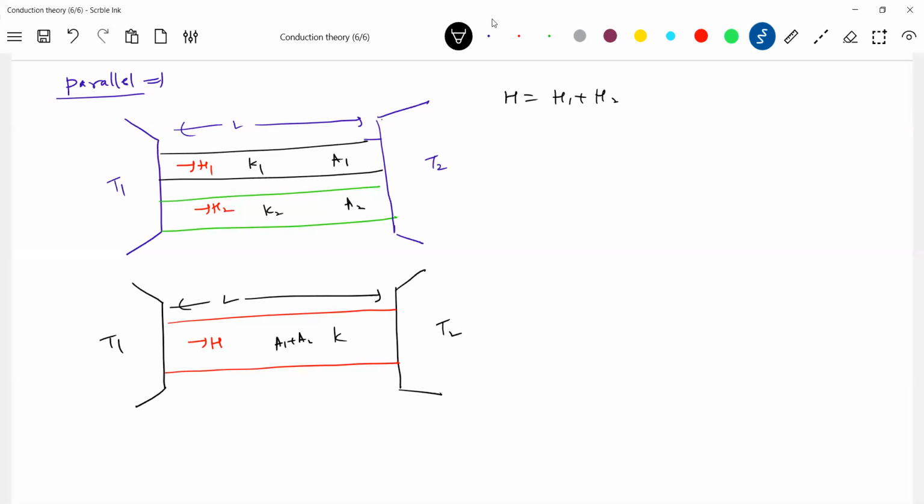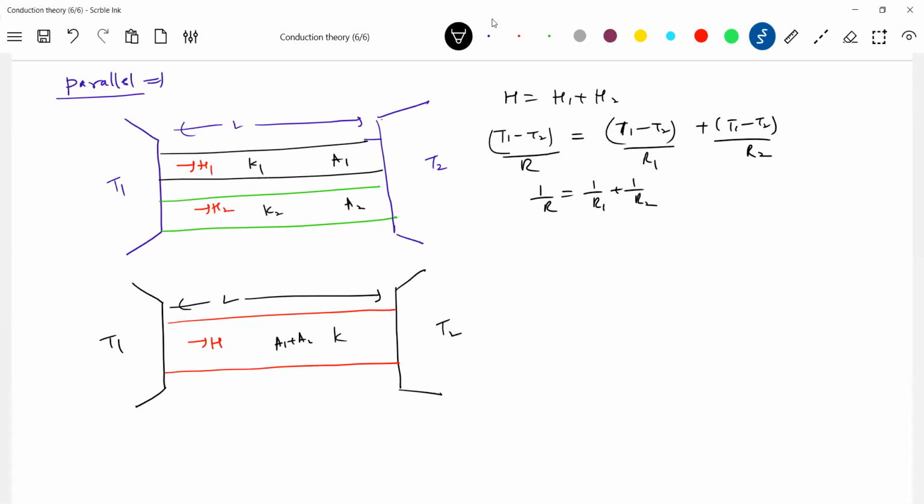So what is H? Temperature difference T1 minus T2 by thermal resistance. What is H1? T1 minus T2 by R1, and H2 is T1 minus T2 by R2. So 1 by R equals 1 by R1 plus 1 by R2.